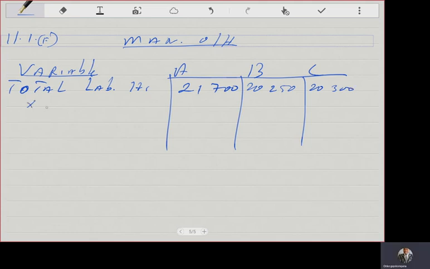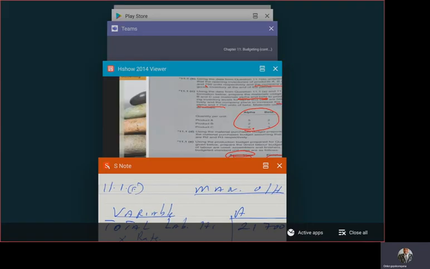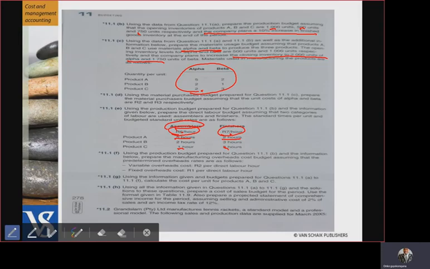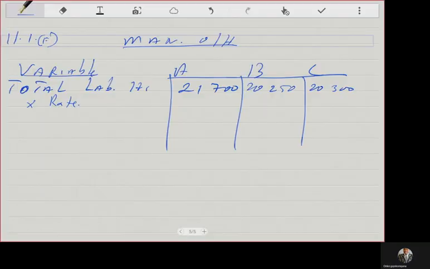Then you multiply by the rate, that is your variable manufacturing overheads rate, not just any rate that you just think of. So we've been given 2 rand in the variable and 1 rand in the fixed. Multiply here by 2.